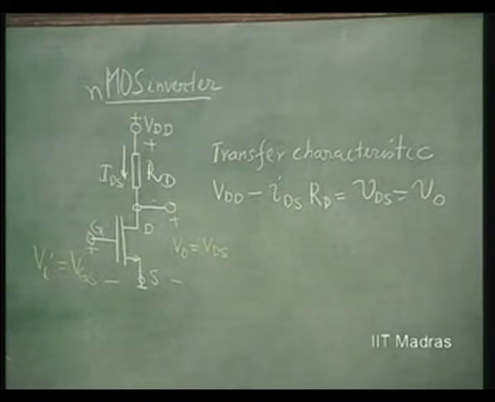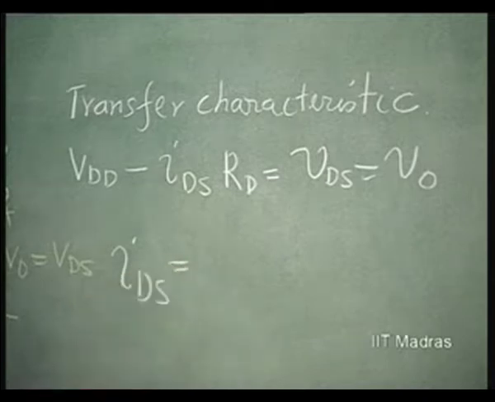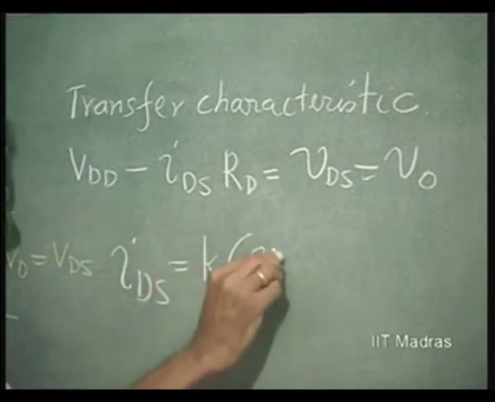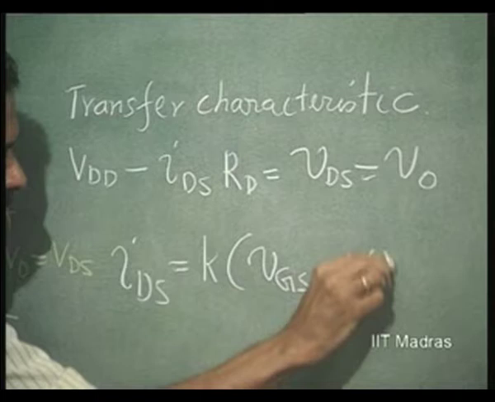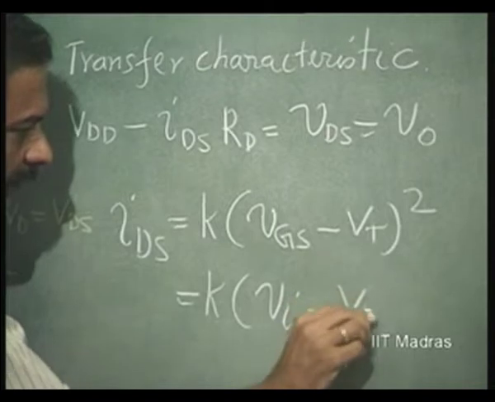Right, and we have VGS equal to VI. That means IDS equals, assuming that the transistor is in the current saturation region, IDS is equal to K times VGS minus VT whole squared, which is equal to K times VI minus VT whole square.